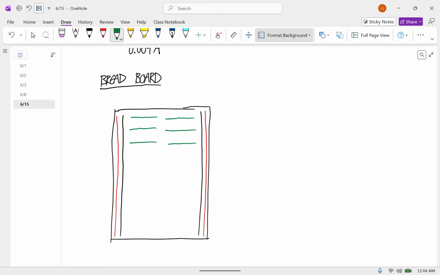And these go all the way down. And it doesn't show them on the breadboard. You don't see them as lines like this. What you see is dots, holes.